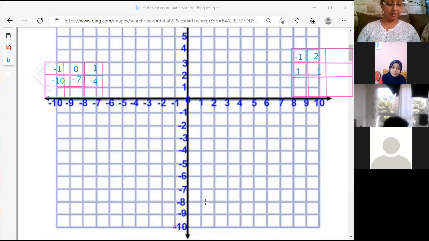Okay. Can you annotate? Somebody annotate the next point, 0 and -7. Yes, ma'am. What did you say? 0 and -7.